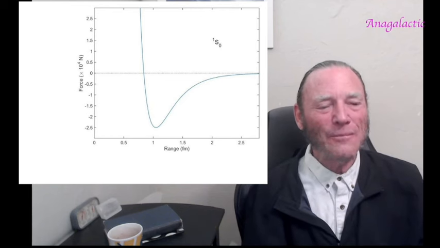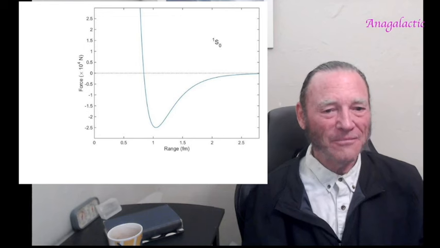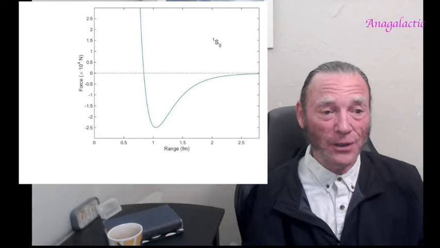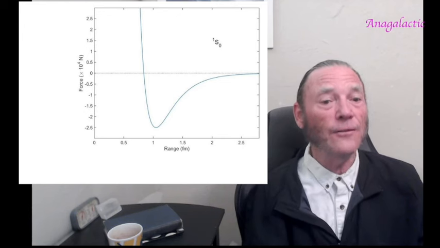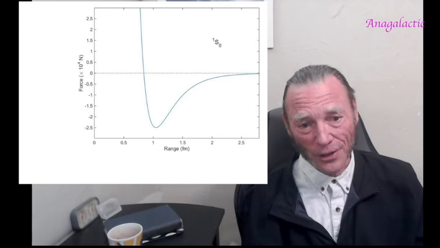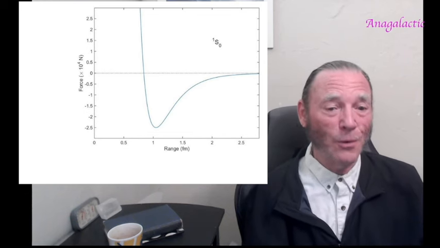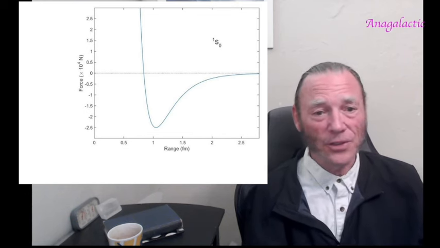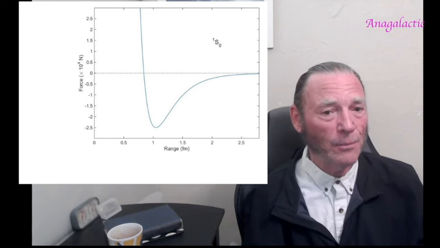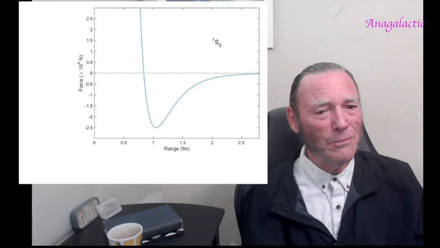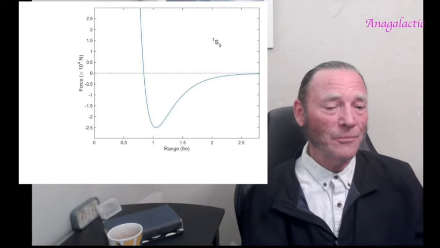Wikipedia says that that shows maximum attraction, after which the vertical asymptote shows infinite repulsion. Now, what I've said more than once in more than one video is exactly the opposite of what Wikipedia says. And I want to show you that you might look at it either way.